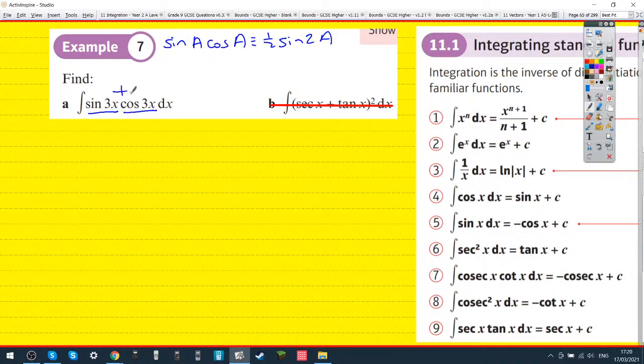If you had a plus or minus in between these, then you could do them separately. They don't, so you'd have to treat it like product rule. If you were differentiating, you'd have to use product rule. Integrating, you could use integration by parts, if memory serves. However, what is sine 3x cos 3x the same as?